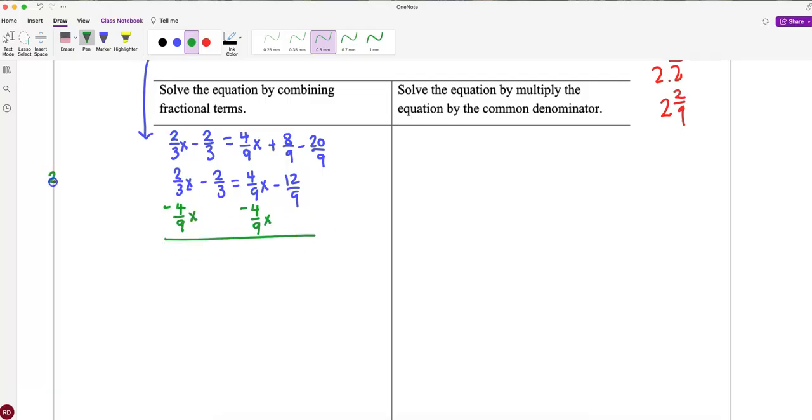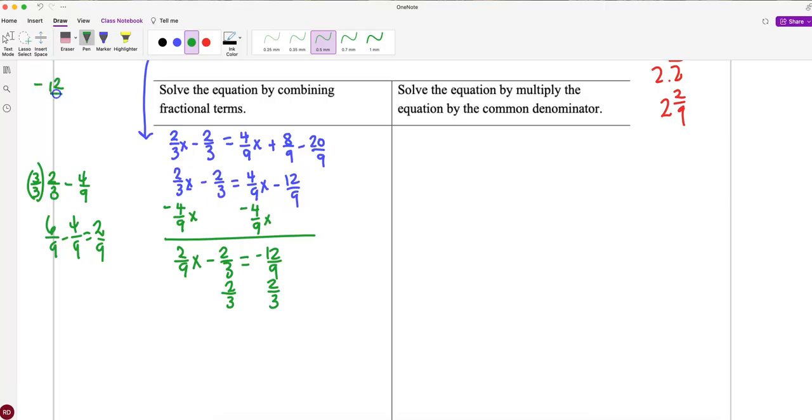So I need to know what is 2/3 minus 4/9. So multiply this guy by 3. So 6/9 minus 4/9 is 2/9. So I get 2/9 x minus 2/3 equals negative 12/9. Now I need to add 2/3 to both sides. So what is negative 12/9?